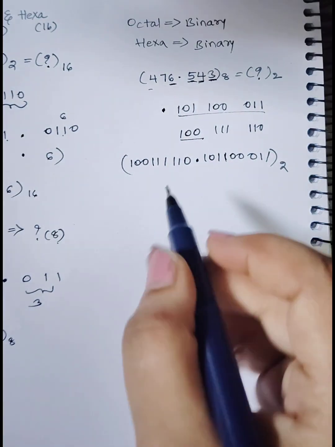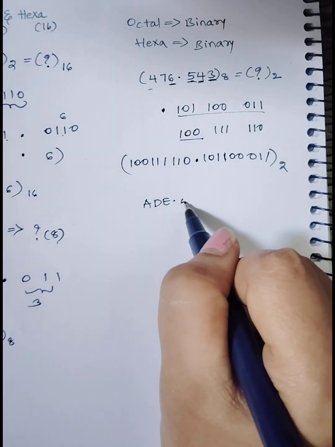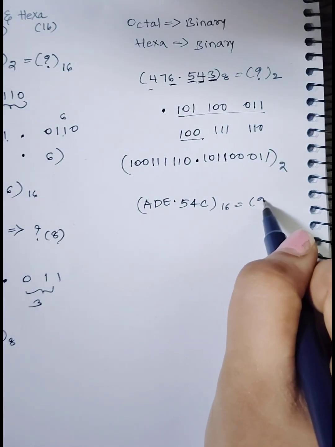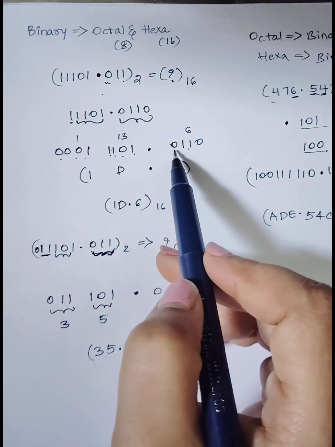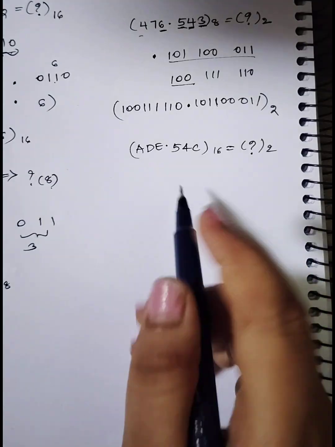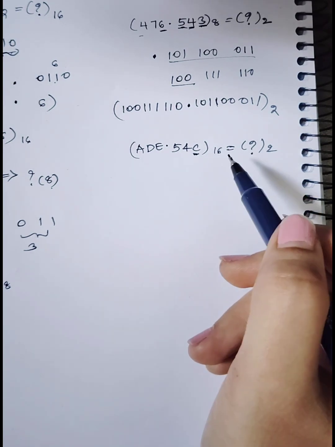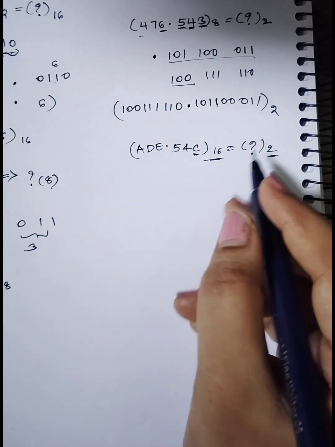In the same way, if we consider a hexadecimal number and convert it into binary, here what did we do? We paired 4 binary bits to form a hexa digit. So we need to represent each digit with 4 binary bits to convert this hexa number to binary.